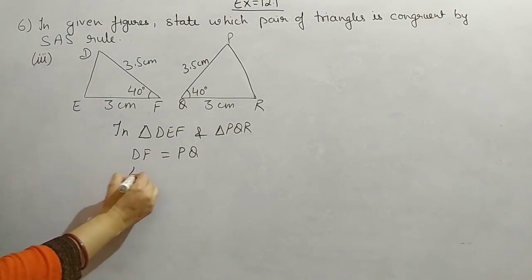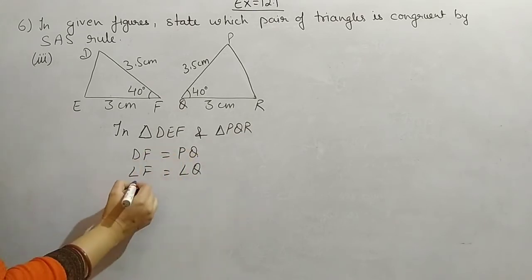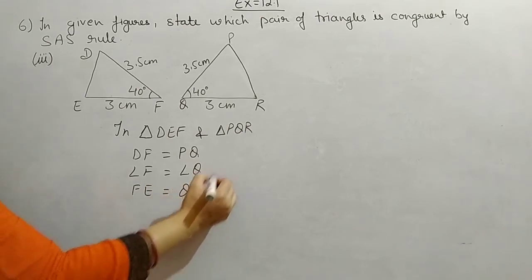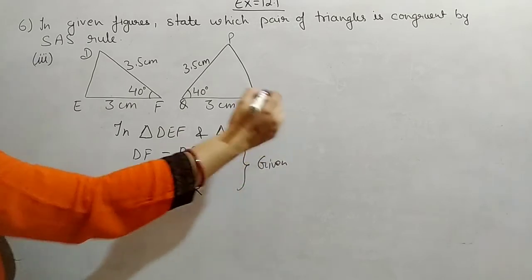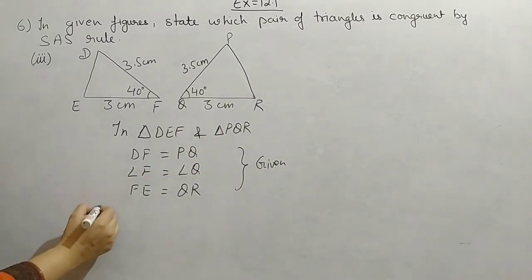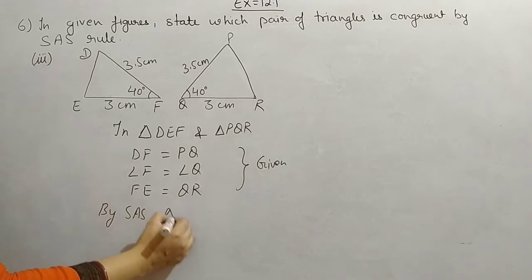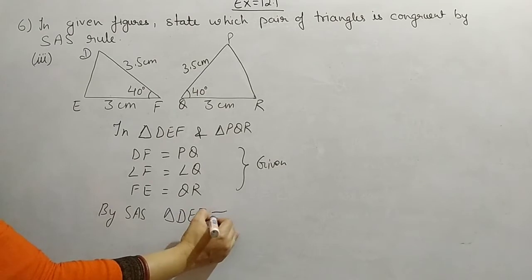Then next, angle F is equal to angle Q, and third one FE is equal to QR. These all three informations are given in question. So by SAS, triangle DEF is congruent to triangle.